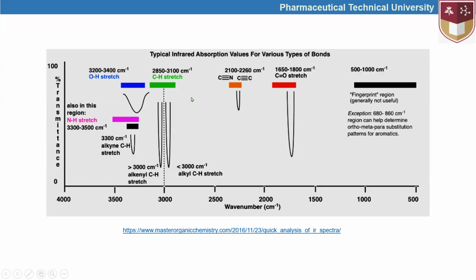And here we can see more informative data: OH stretches, or nitrogen NH stretches, or CH stretches belonging to alkyne group, or alkenyl group, or CH stretches belonging to alkyl group, different groups. That's why the spectrum is quite complicated.